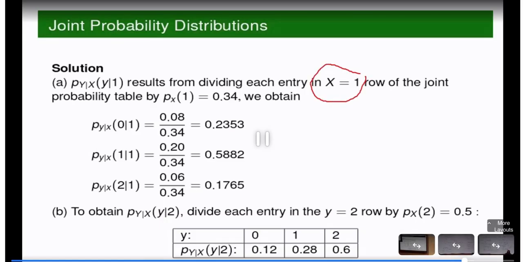When x equals 1, I'm going to quickly show you this.